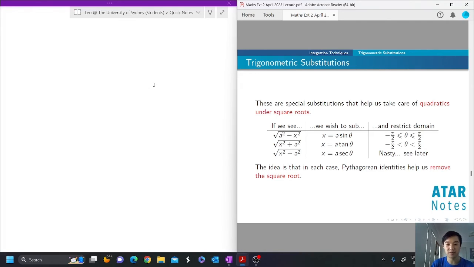But with these trigonometric substitutions, sometimes when we have a square root of a squared minus x squared, or x squared plus a squared or x squared minus a squared, a smart substitution you might have to do is using a trig substitution, because these will allow us to use Pythagorean trig identities to get rid of the square root.